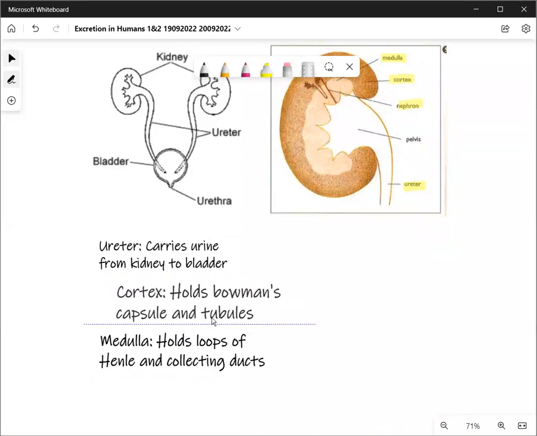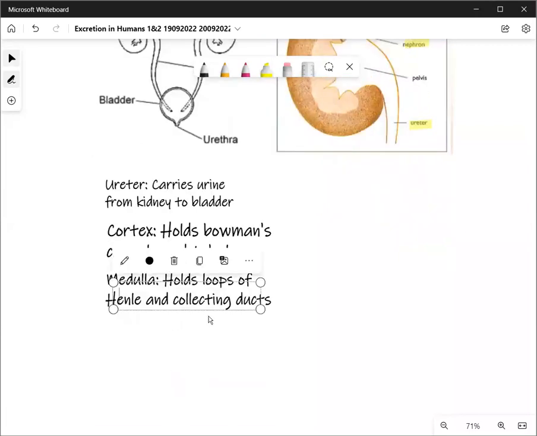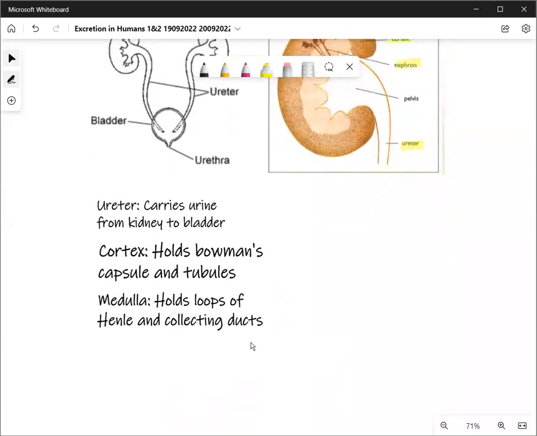Just a second. Okay. Now, what else do we have? We have the nephron. What is the nephron? We'll talk about the nephron in a second, if I can show it here.